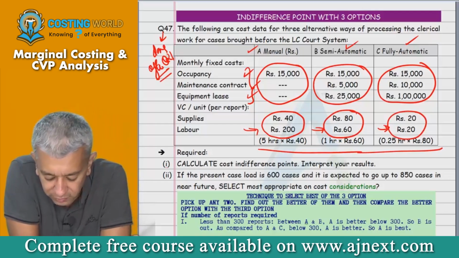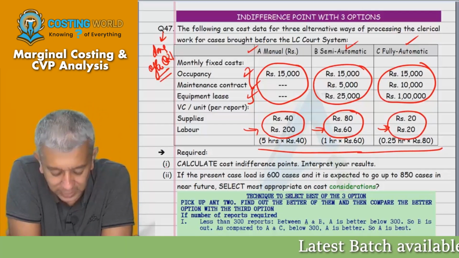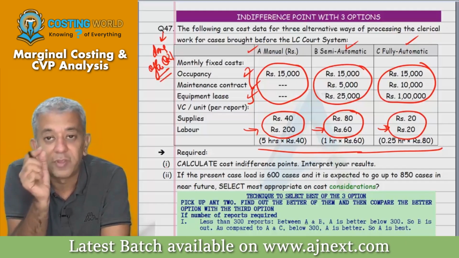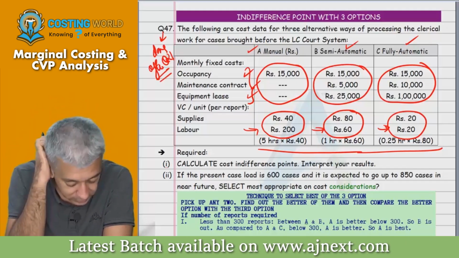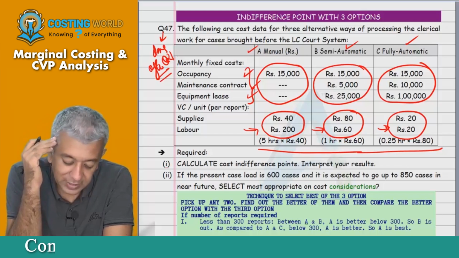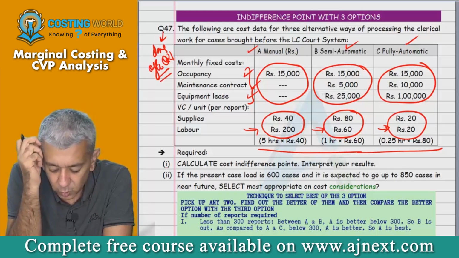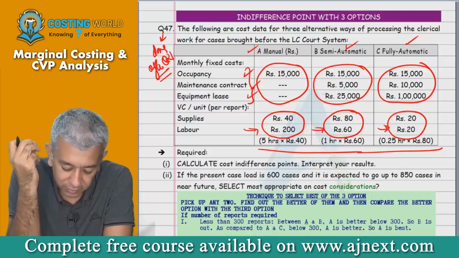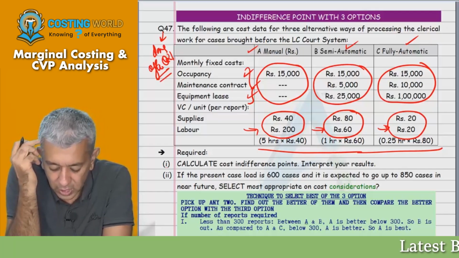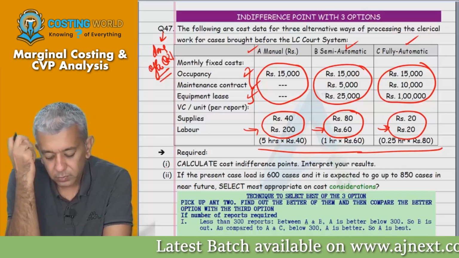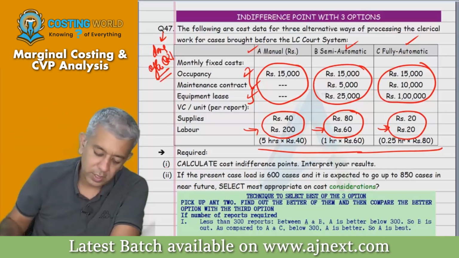Calculate the cost indifference points. Interpret your results. Interpret means whatever you all wrote, if the number of units are more than this, those particular things. If the present case load is 600 cases and it is expected to go up to 850 cases in the near future, select the most appropriate on cost considerations. Okay, we all will be doing it.